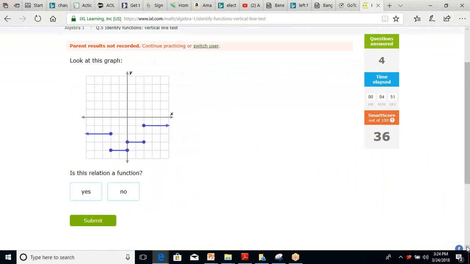So write down the definition for a function because you need to look at it a million times, and the million and one time you probably won't need it. So let's take this one. Look at this graph. Each x value should have only one y value. So let's take 2. You have a point there, you have a point there, different y values. So this is not a function, right?